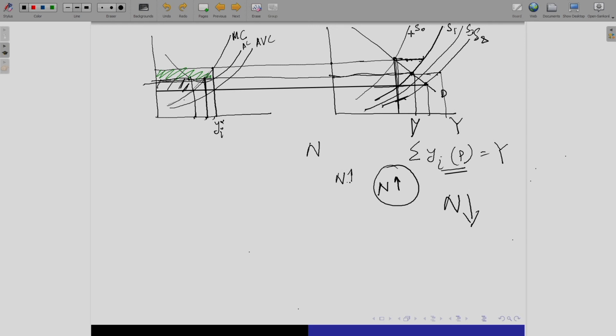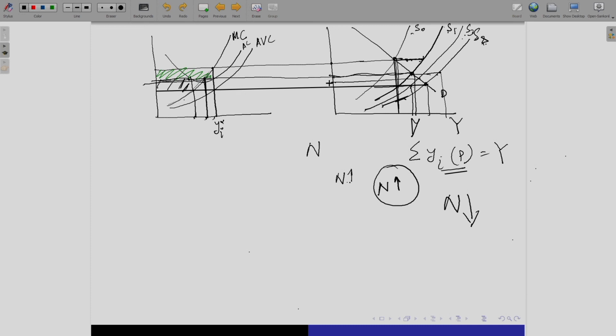So, this was S0, this is S1, then S2, and this again S3. So, here what is happening? At this price, it is this, the market supply. Demand is this much, so there is an excess demand in the market, and so the price is going to go up. So the market price is going to be this much.